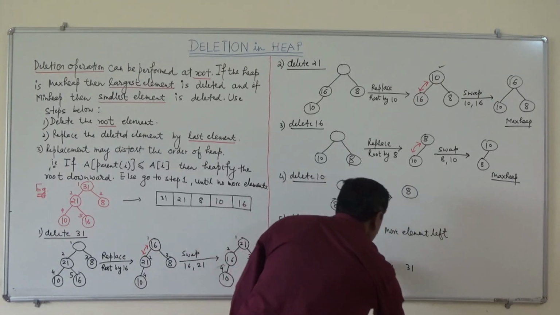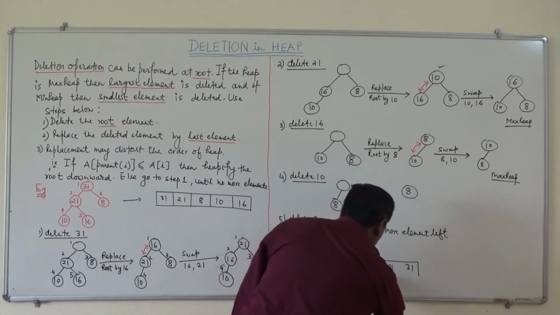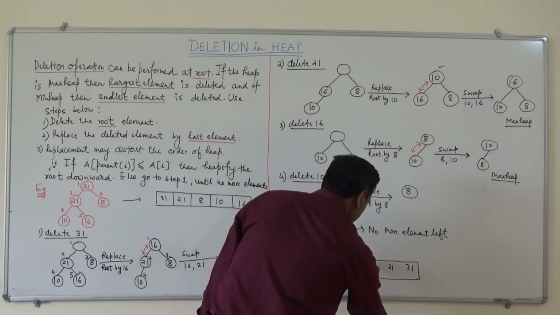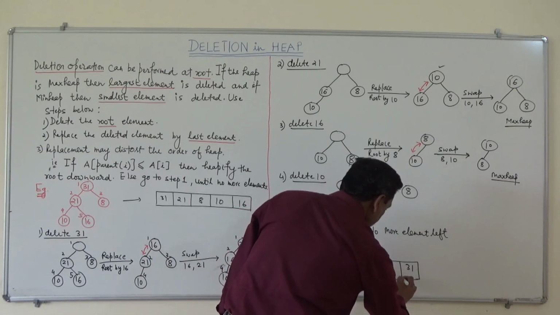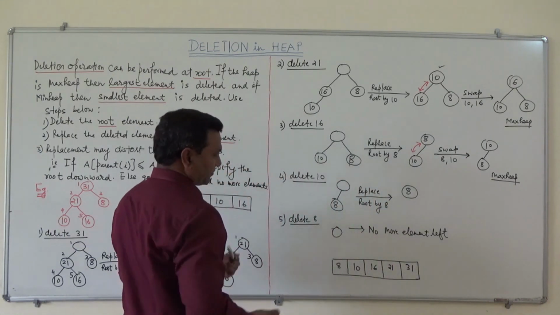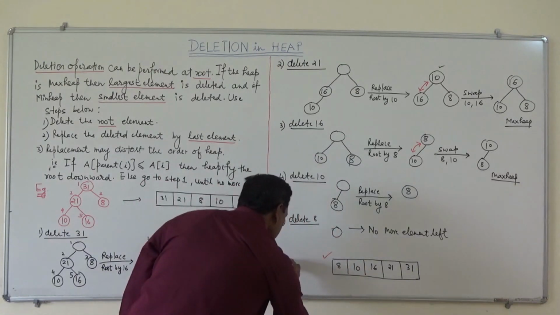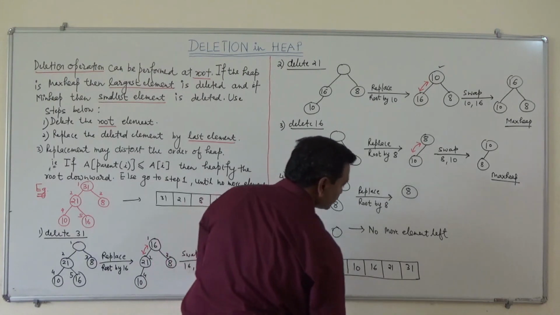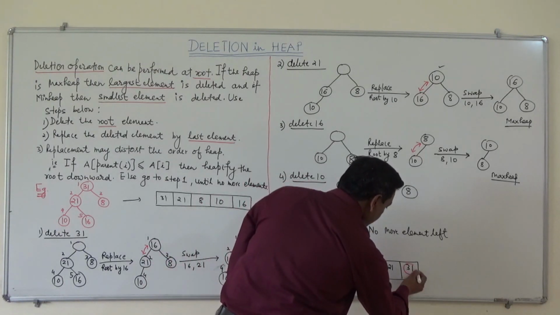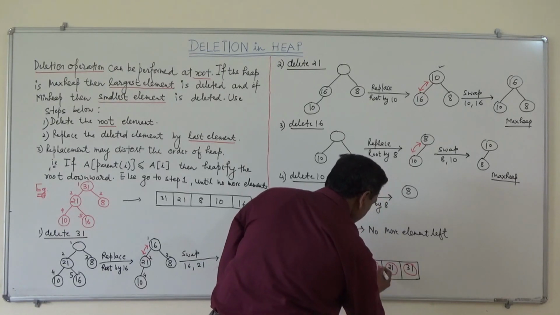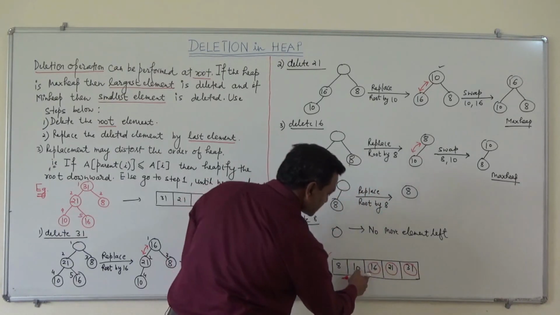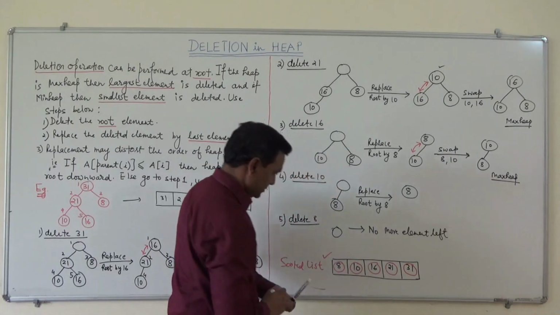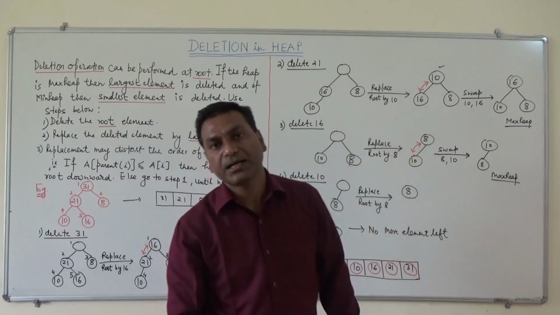So this is the sorted list after deletion. First we deleted 31, then 21, then 16, then 10 and then 8. So in this way we can delete the element.